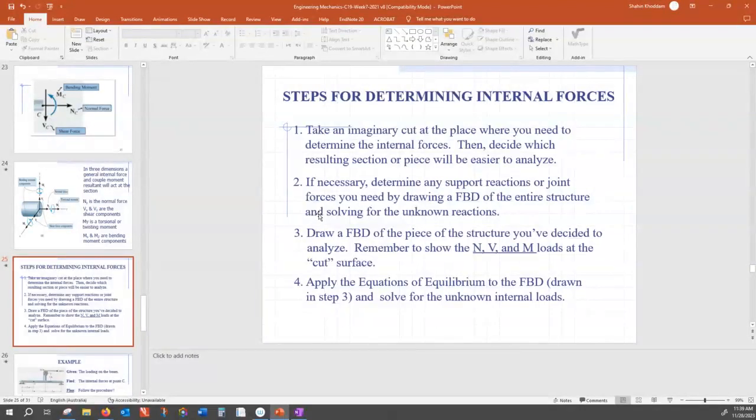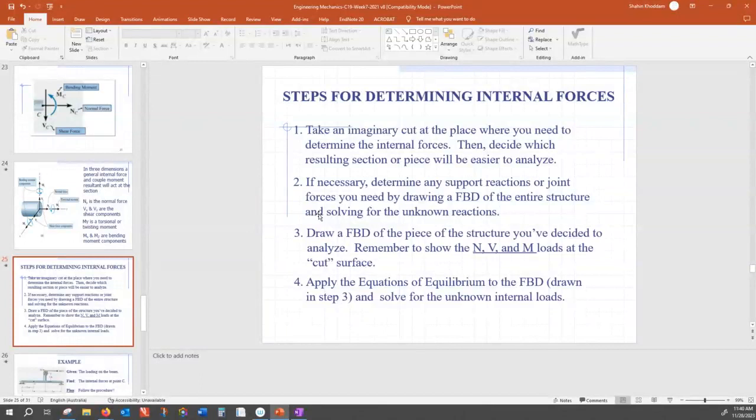So in your free body diagram, you expose the internal forces as external. What it means is, this is like you're putting a plug into this vein, preventing it from bleeding. You plug the second, you plug the third. That is the concept of exposing internal forces as external when you are making a free body diagram. All right?